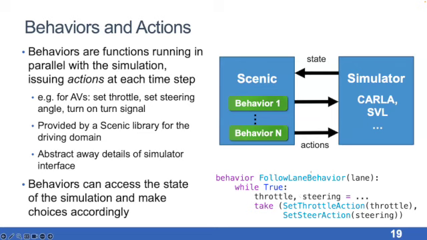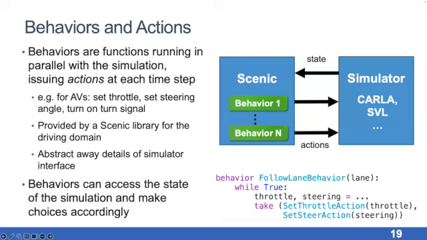So a behavior looks basically like this. We're saying define a behavior called follow lane behavior. This one takes an argument, like which lane you want to follow. They're basically like functions, so you can have arguments with all that sort of thing. And now we're going to have an infinite loop here where we are computing some throttle and steering to take. Maybe we have some math in here to decide based on the current position how we want to do throttle and steering.